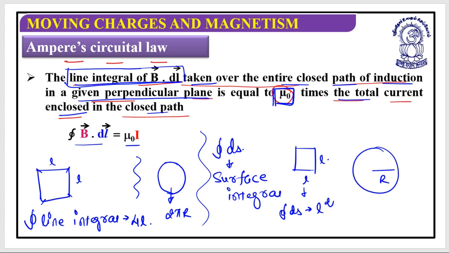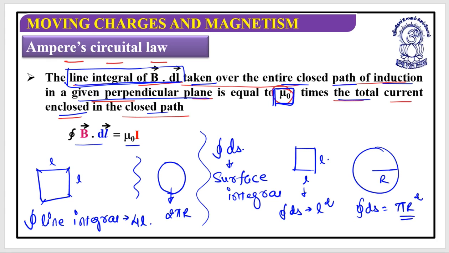For a circle of radius R, the surface integral is pi R square. So this is the difference between line integral and surface integral. I hope this is clear.